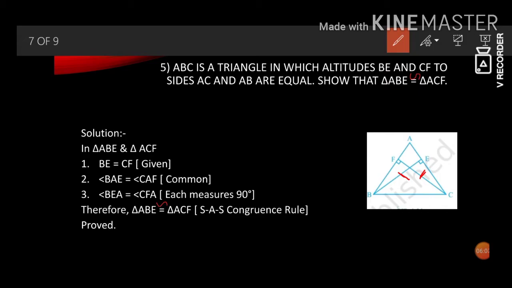Considering these two triangles, we have BE equal to CF, that is given in our question. Then angle A is common to both the triangles. So angle BAE is equal to angle CAF. Previously we have done common sides, this is an example of common angle.